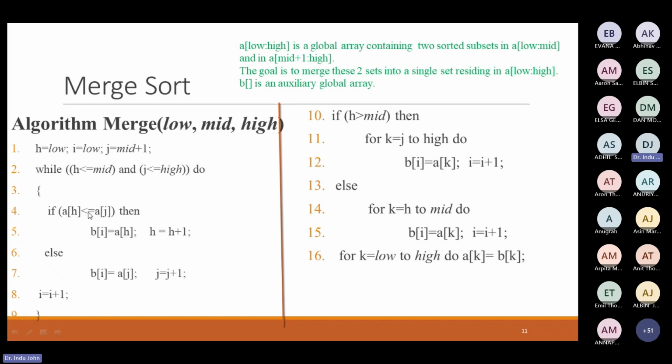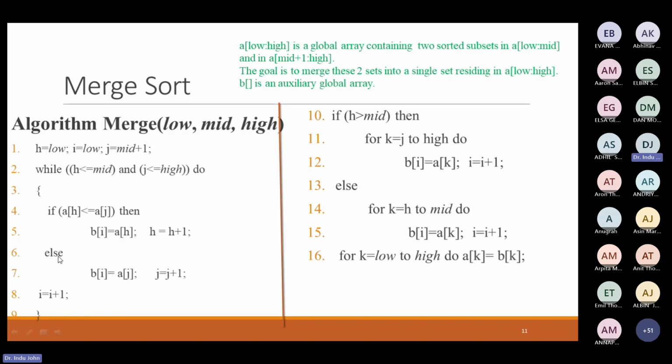If A of h is less than or equal to A of j, whichever is the smaller element, you store it into B: B of i is equal to A of h. That means the element in the left half is smaller, so you store that value into B and increment the index h equal to h plus 1, going to the next element in the left subarray.